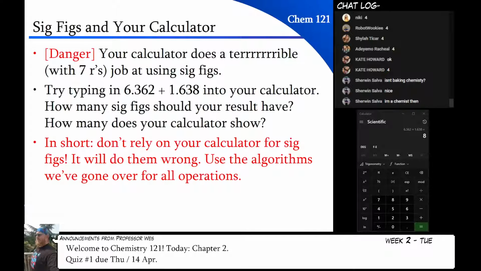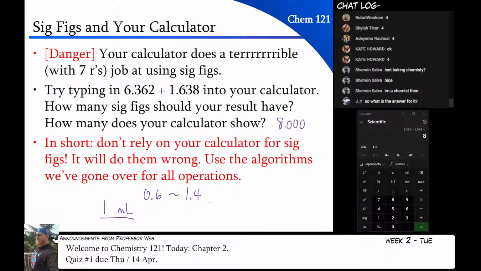This is important because if you send something to the laboratory and say, I need to administer 1 milliliter of medication to my patient, the answer to this one would be 8.000. But if you say to the lab, I need this medication, they're going to say, oh, okay, there's 1 sig fig, so any number between this and this satisfies this.